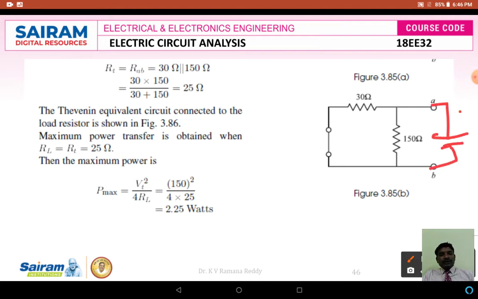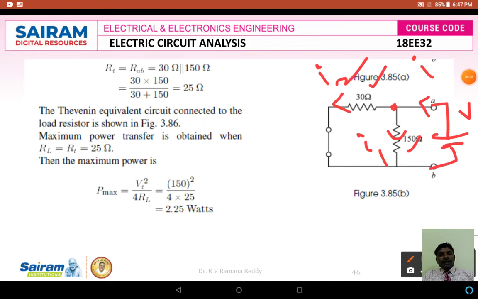This voltage source drives a current, name it as I, and this I is divided into two currents at this node. One current flows through 150 ohms, name it as I1. Another current flows through the 30 ohms, name it as I2. So the currents flowing through 30 ohms and 150 ohms are not the same, they are different. Therefore these two branches are in parallel.